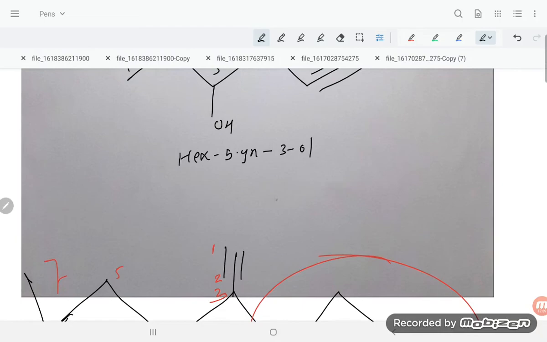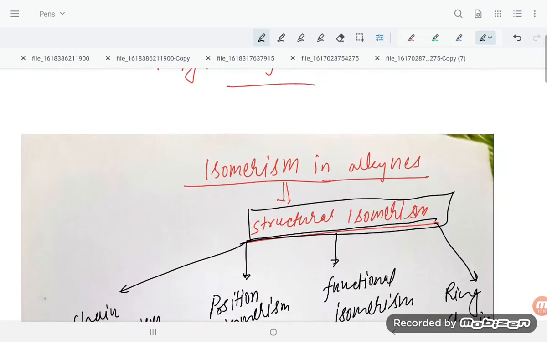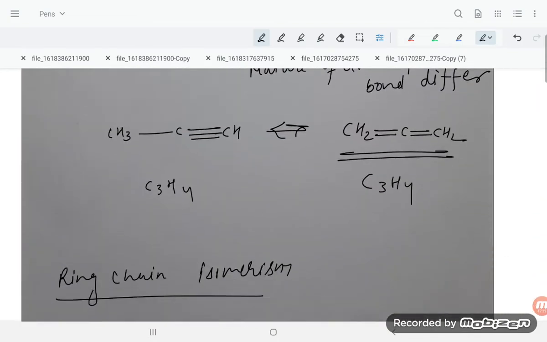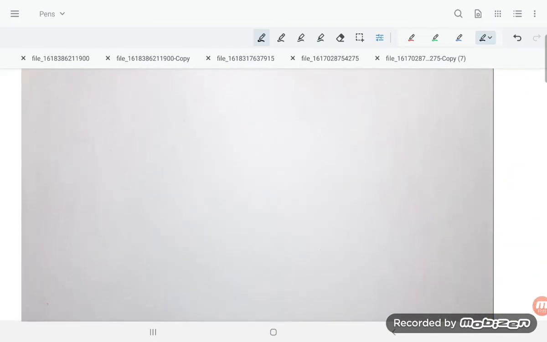Now the next point which we are going to understand is methods of preparation, students. Let us have a look over the methods of preparation.